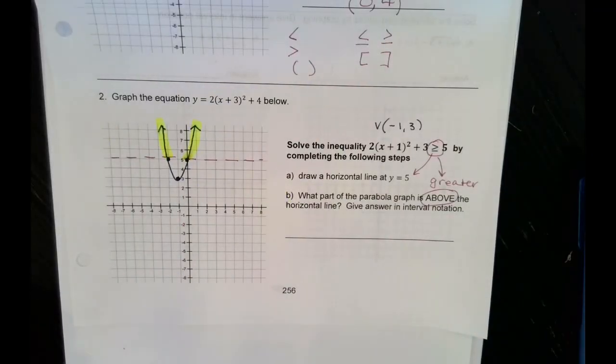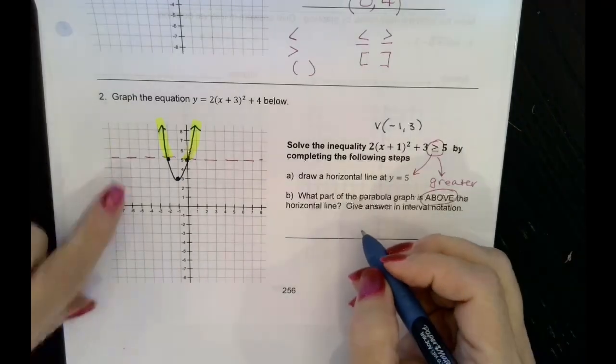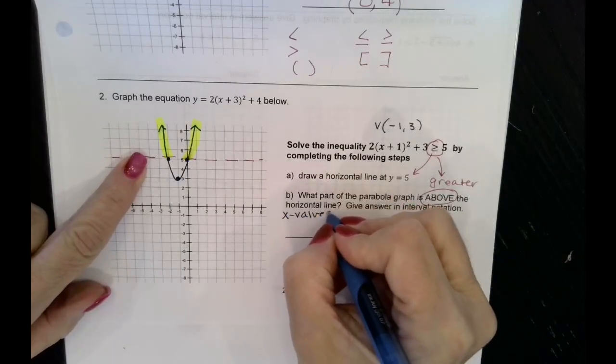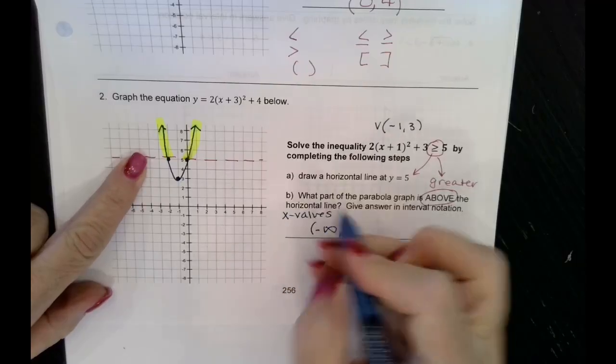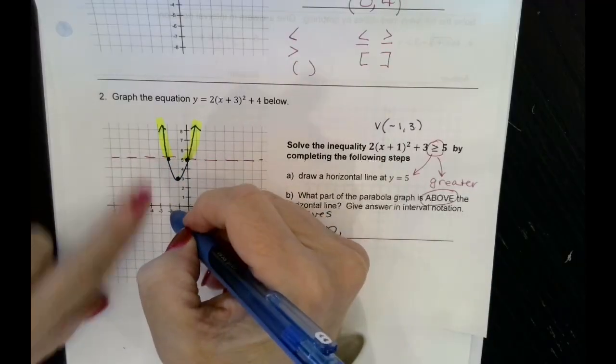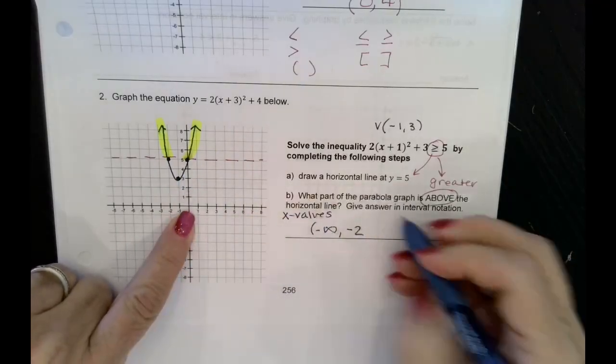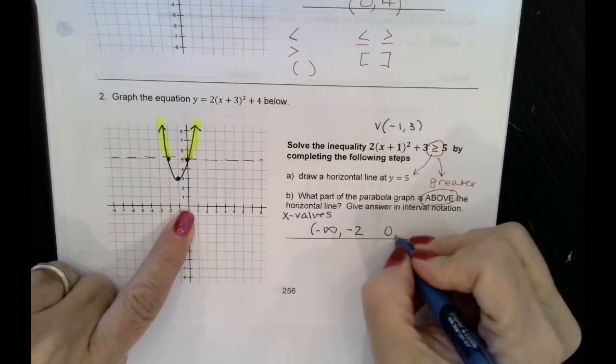So what I have here is, remember these are x values. So I'm going to go from -infinity to this value here, and this value is -2. And then I'm going to start again here at 0, and I'm going to go to infinity.